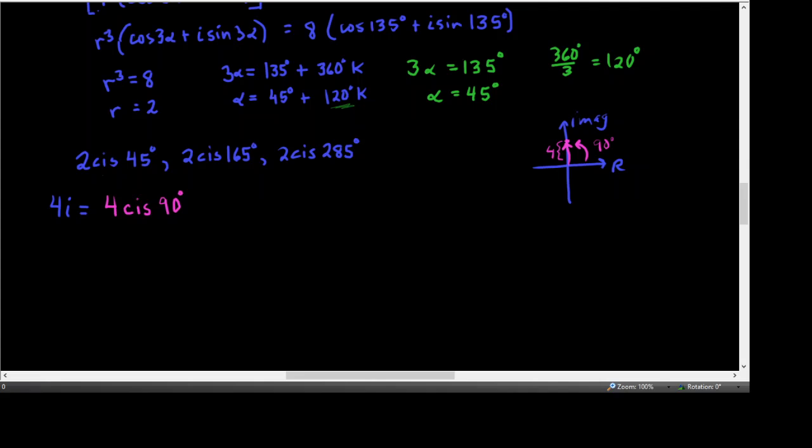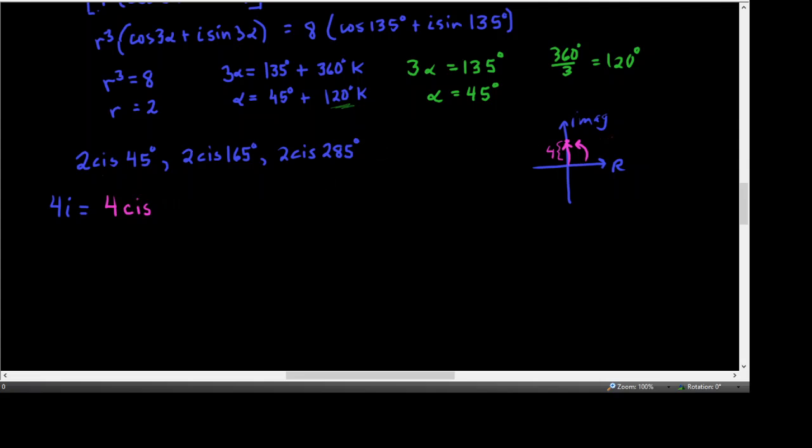Actually, this time I think instead of using degrees, because we haven't done it yet, I want to use radians instead. So pardon me for writing the 90 degrees. I really want to use radians here for practicing with them. So let me erase that 90 degrees. And of course, what is the angle in radians?